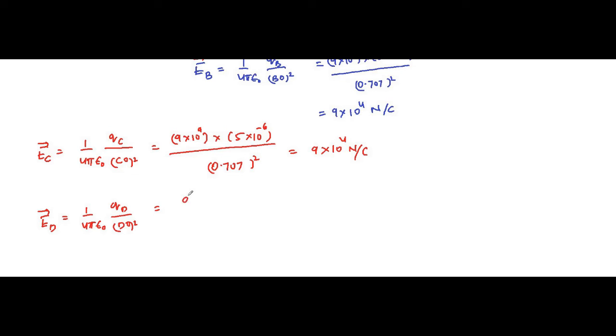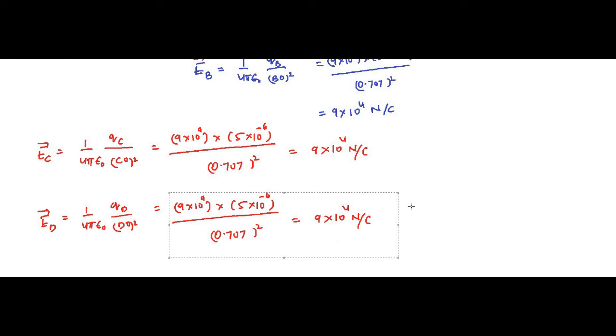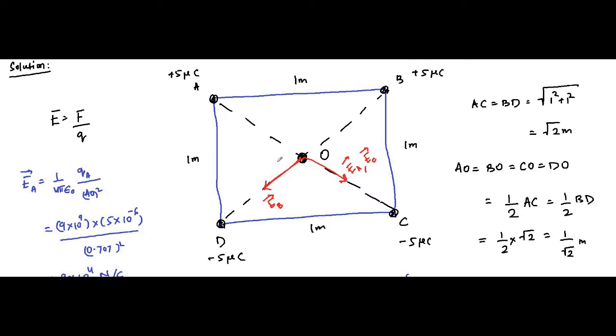Same thing, we'll simply put it here because it will have the same value. The only difference is that the direction will be in the direction of EB vector. ED vector will be in the same direction as EB vector.